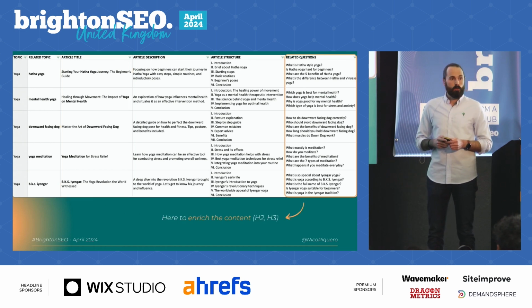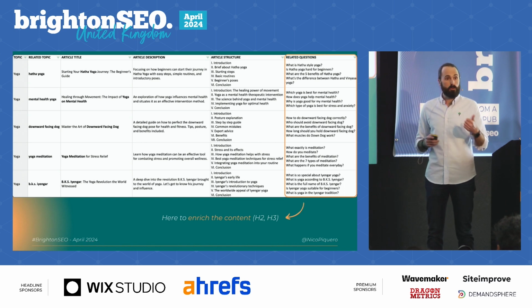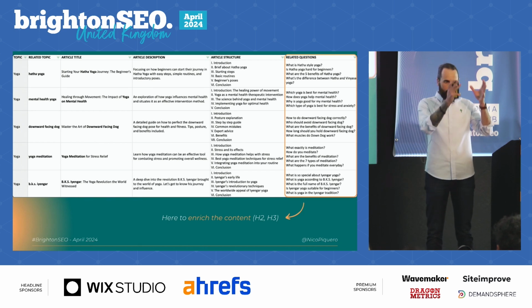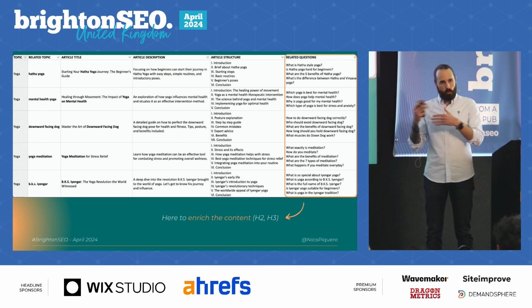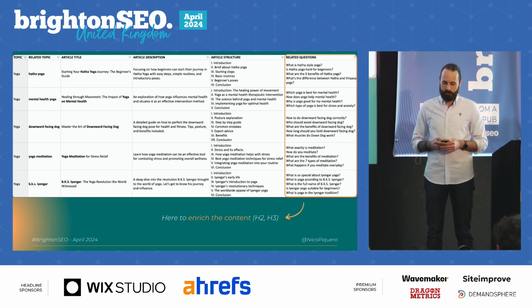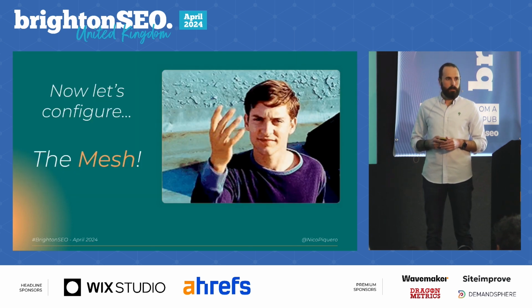Then the related questions. People Also Ask, AI questions, why not? They are here to enrich the content. So I use them as headings, specific paragraphs to enhance the content. So now that we've selected our related topics, and we know the way we want to approach each content, let's configure the mesh.